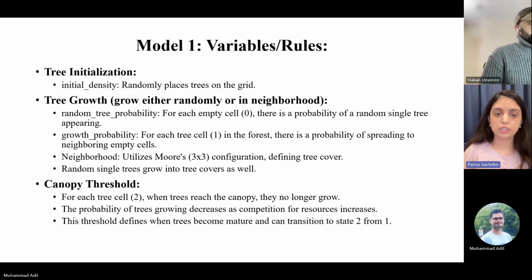For the canopy threshold, we set a threshold so that when there's competition for resources, trees stop growing. We haven't implemented the competition factors yet, but it's just a simple threshold to decide when they are mature and then change to state 2.